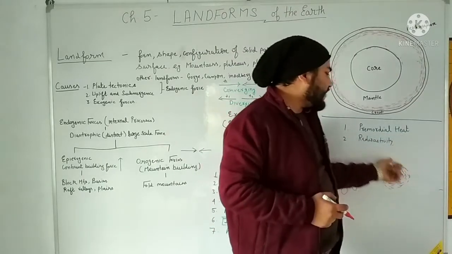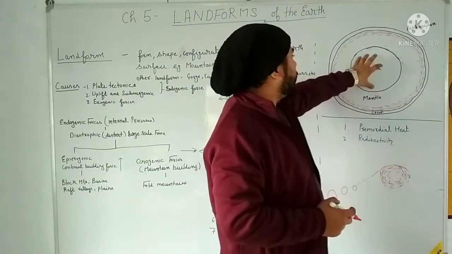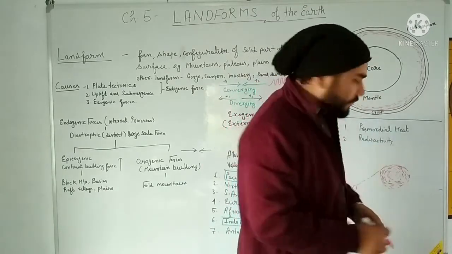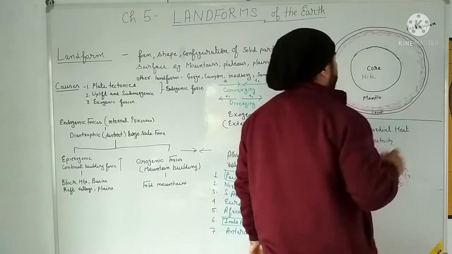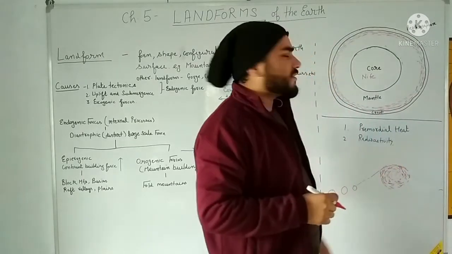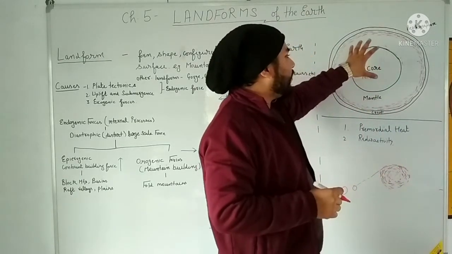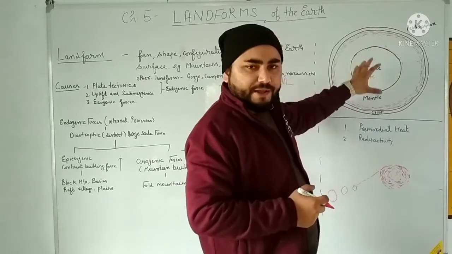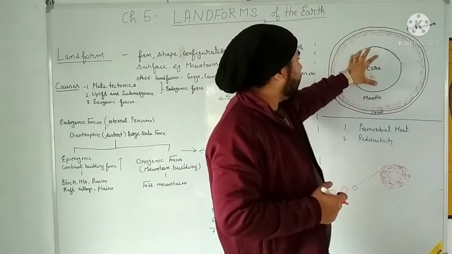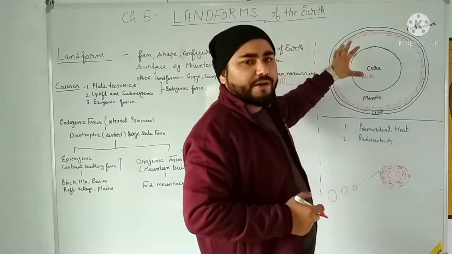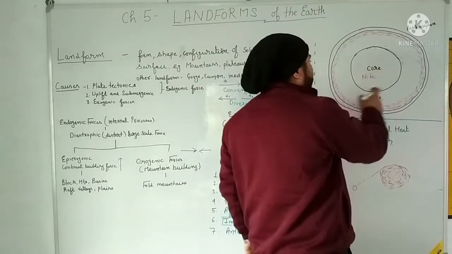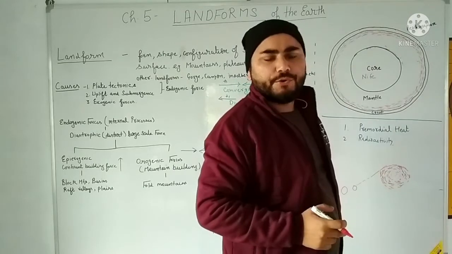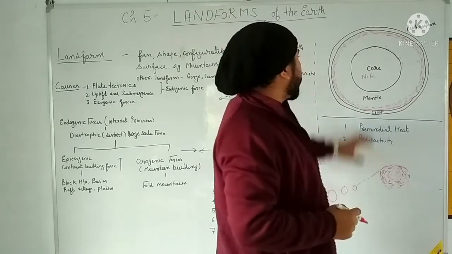The second thing is radioactivity. In the core of the earth we have nickel and iron, and some other radioactive materials. These radioactive materials keep decaying, and in their decay, radiation takes place, and because of that radiation, heat is produced.